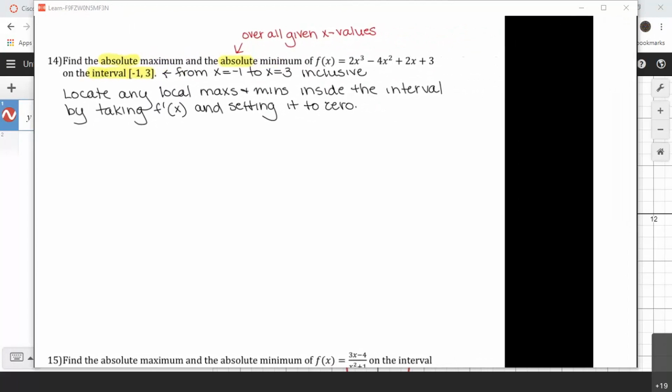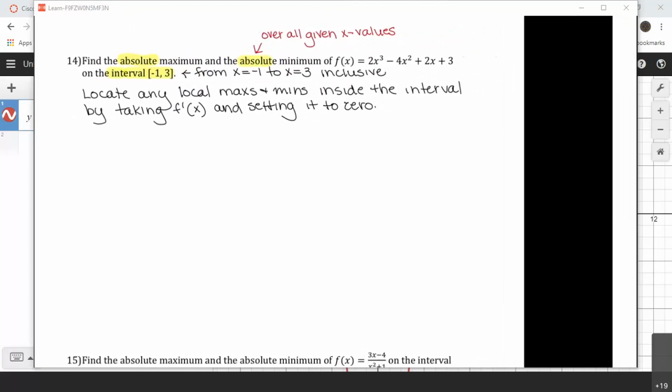Remember, those are the places where the slope of your tangent line is 0. That's what it means to set the derivative to 0: to find out where the function f of x has a horizontal tangent. Where does it turn around? Those are going to be the local maxes and local mins.